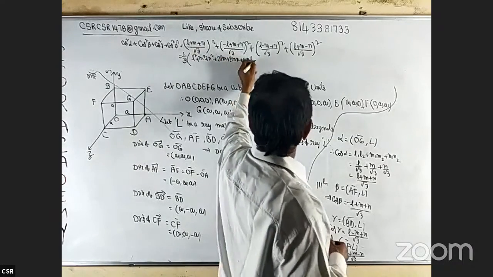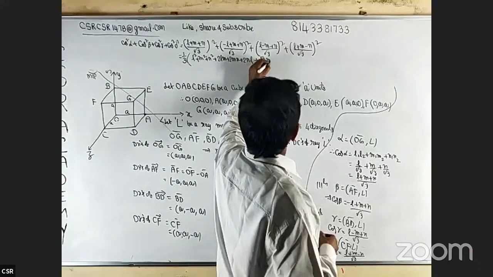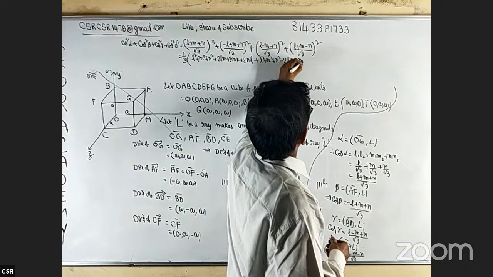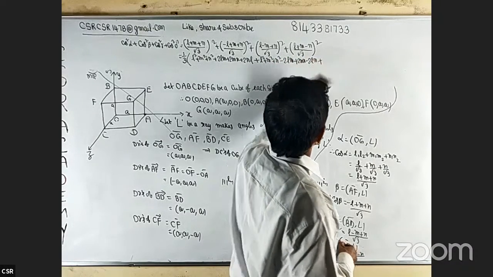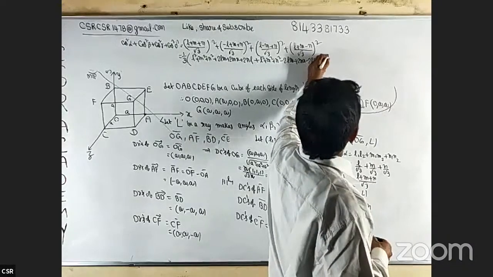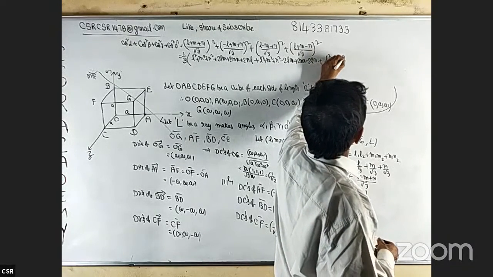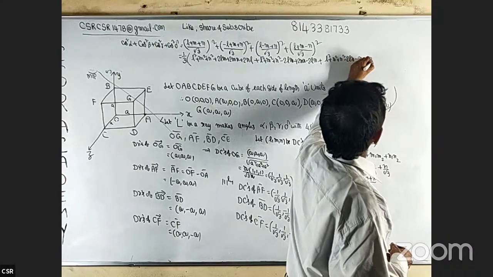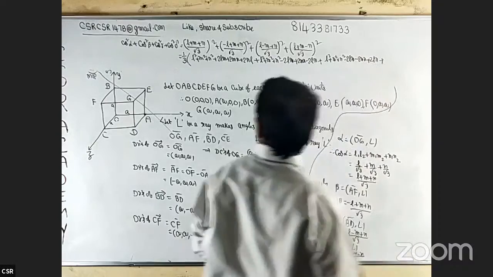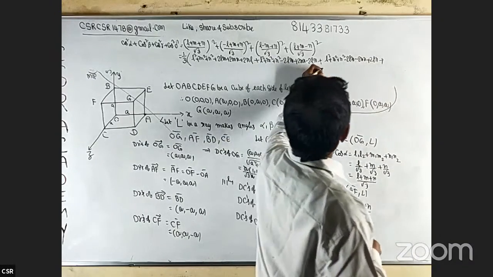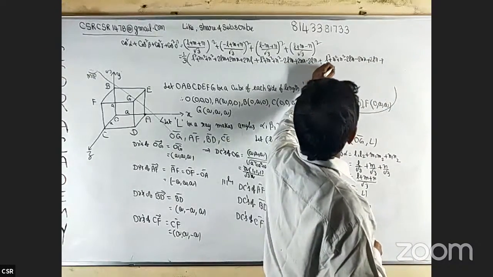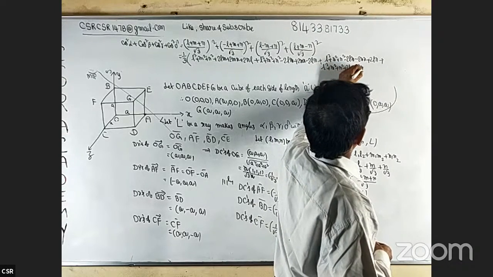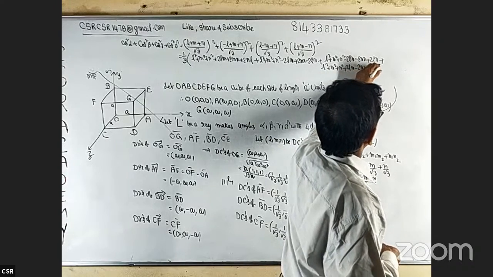Next one, continuation: L square plus M square plus N square minus 2LM plus 2MN minus 2LN. Next, third one: L square plus M square plus N square minus 2LM minus 2MN plus 2LN. And the last one: L square plus M square plus N square plus 2LM minus 2MN minus 2NL.